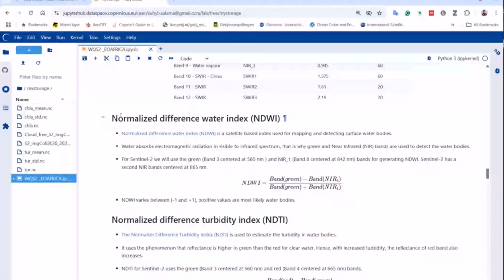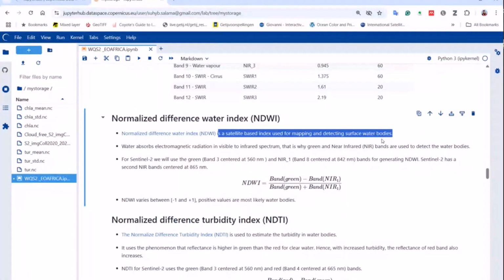Now, this is the normalized water index, the one that I mentioned, based on the same concept, the difference of two bands divided by their sum to delineate water bodies. So I can, in principle, use the information in this index to improve my water mask. You remember, I used the water mask supplied by the Sentinel-2 product, but depending on the area we have to be careful.